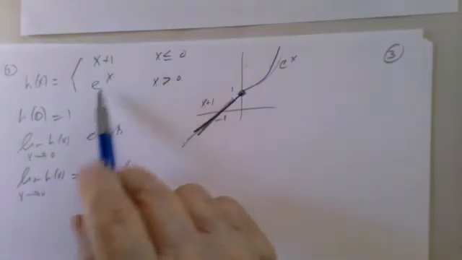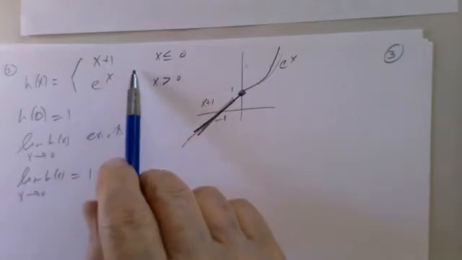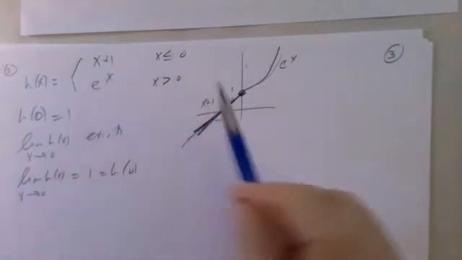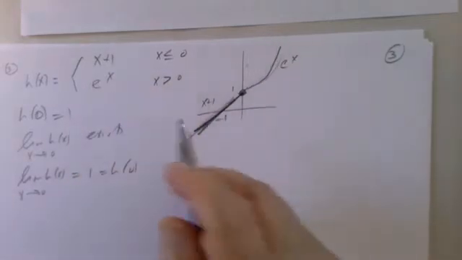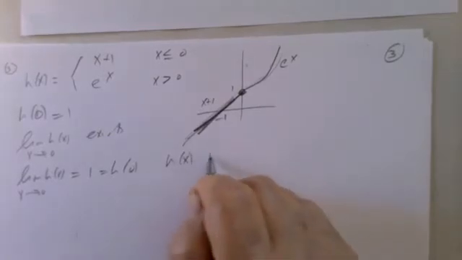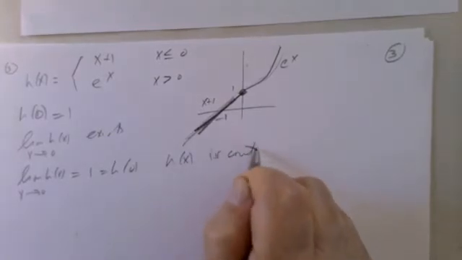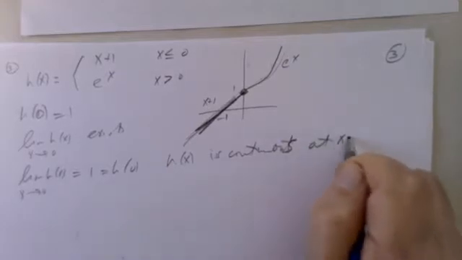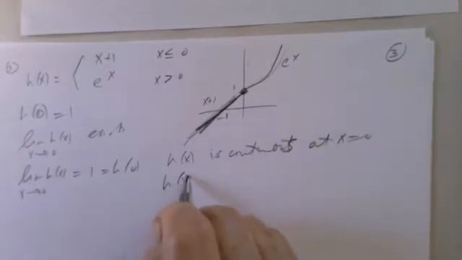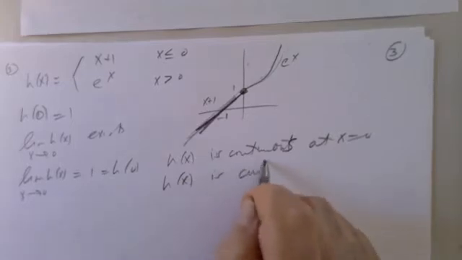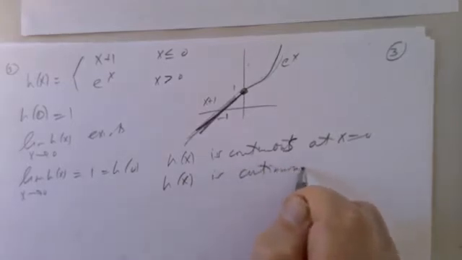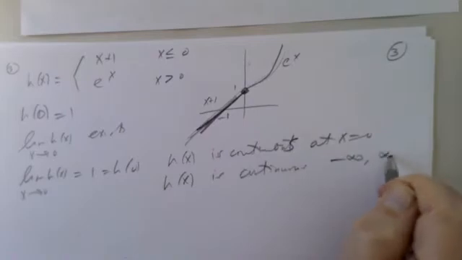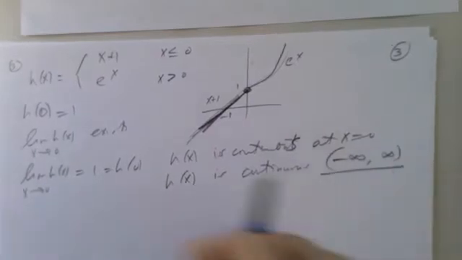So even though this function has a somewhat complicated description, straight line followed by exponential, h of x is continuous at x equals 0. And in fact, h of x is continuous everywhere on the interval from minus infinity to plus infinity.